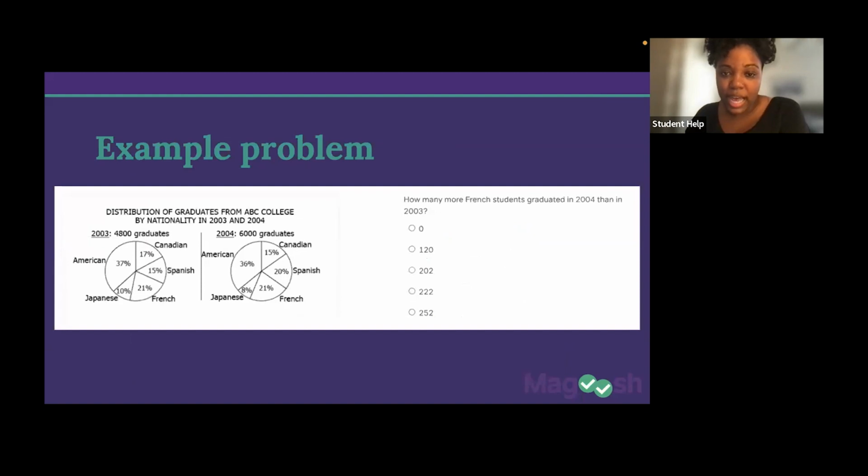All right, so it says how many more French students graduated in 2004 than in 2003? So hopefully you guys know the percent change formula. We talked about it before. What is it? Wait, no, you don't have to know percent change. Never mind. But it's good to know anyway. I thought it said the percent, but it says how many more students.